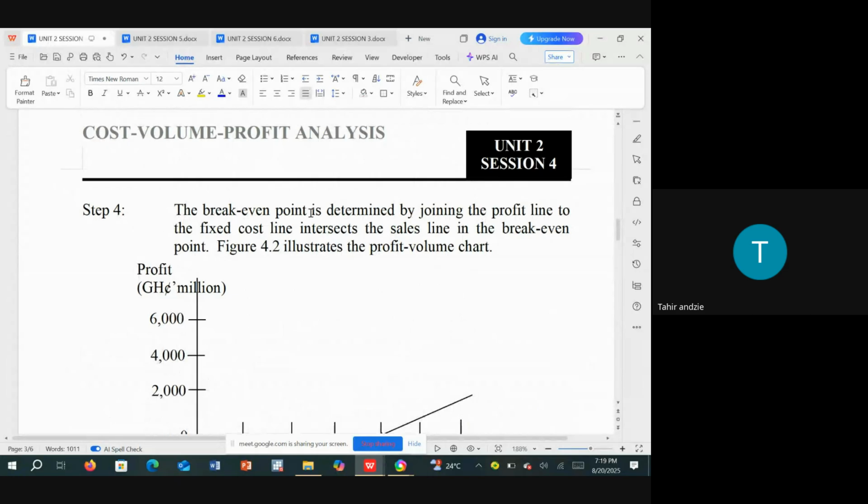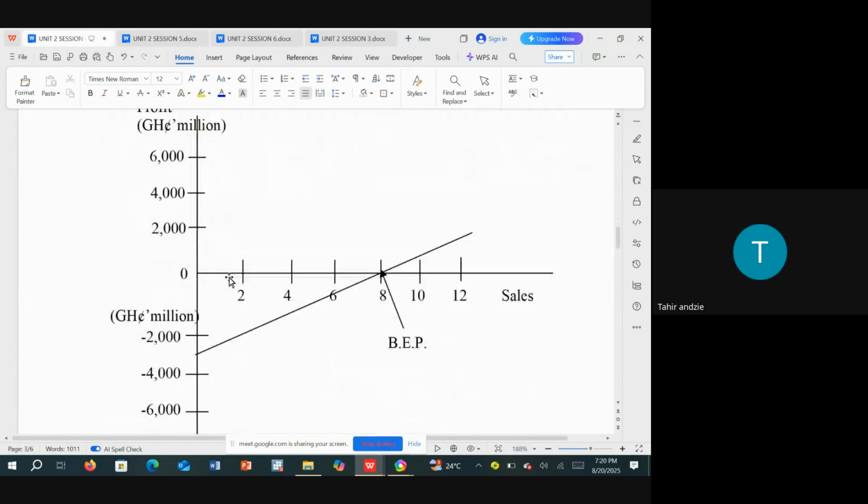The break-even point is determined by joining the profit line to the fixed cost line, that is, the fixed cost line intersects the sales line at the break-even point. So here, more or less, this is the total sales line.